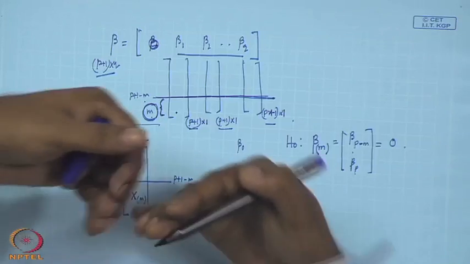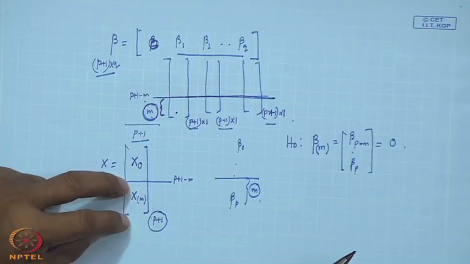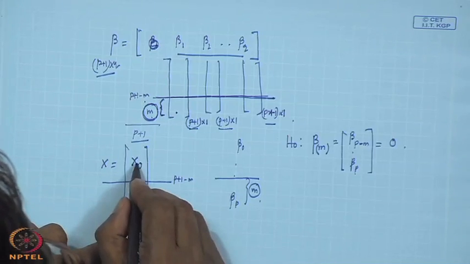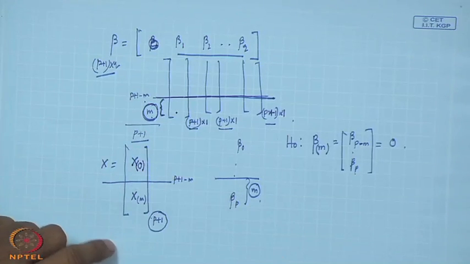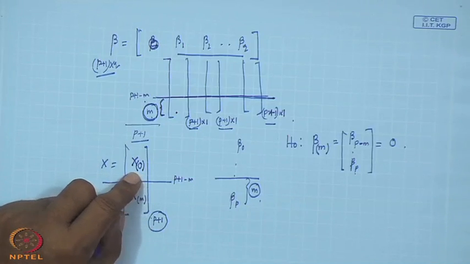There are p variables, let it be p equal to 20. I am saying that 15 variables are contributing and 5 variables as a whole are not contributing. So I can rearrange those variables: the first 15 contributing ones, that is P plus 1 minus m, as x0, and the last, not contributing, as x m. Here we write x0 within brackets so that it will not be confused with x0, that constant.